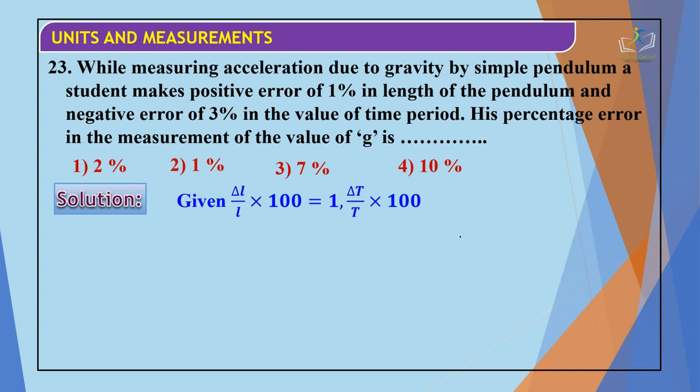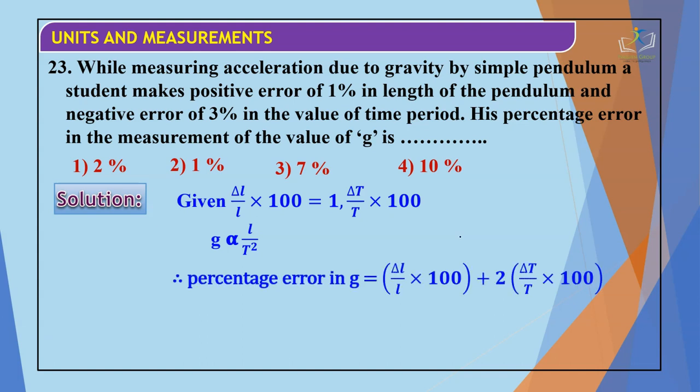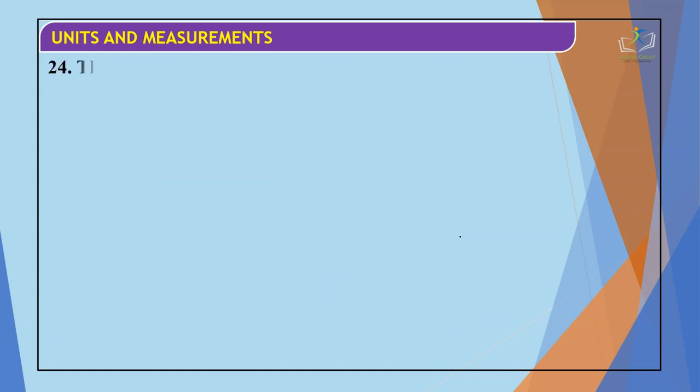Given delta L by L into 100, that's the percentage error, is equal to 1, and delta T by T into 100 is 3. So g is directly proportional to L by T square. Percentage error in g is equal to delta L by L into 100 plus 2 times delta T by T into 100, which is 1 plus 2 times 3. So 7%. According to this, the third option is the right answer.